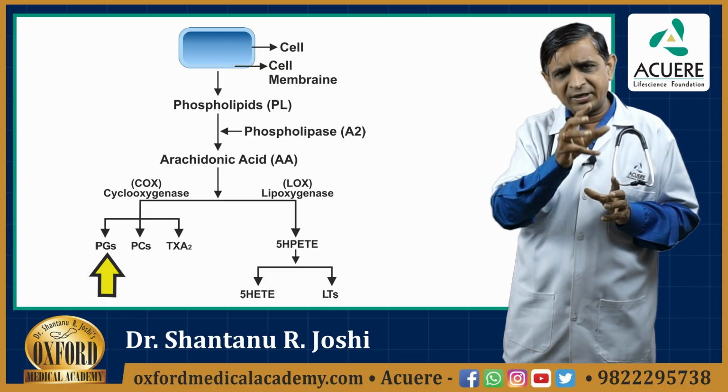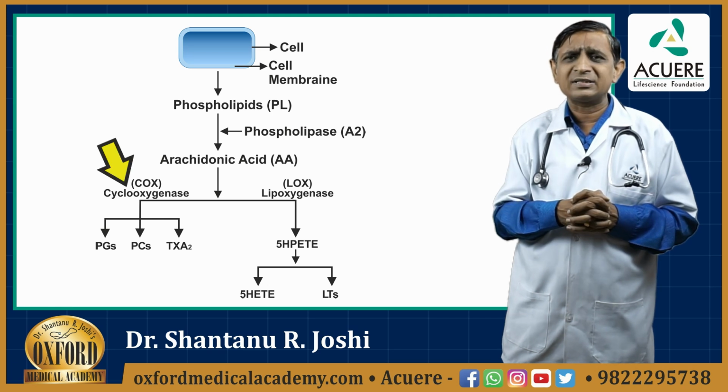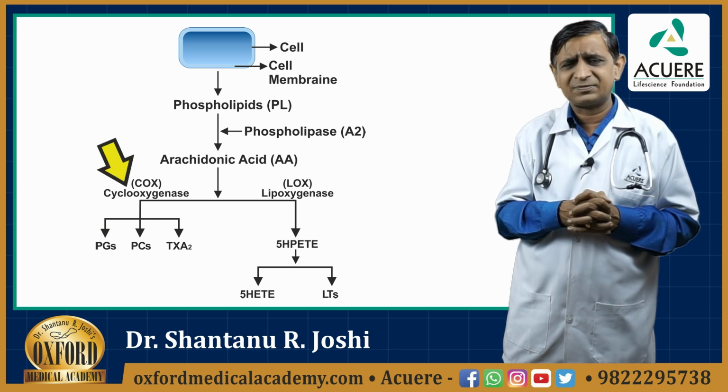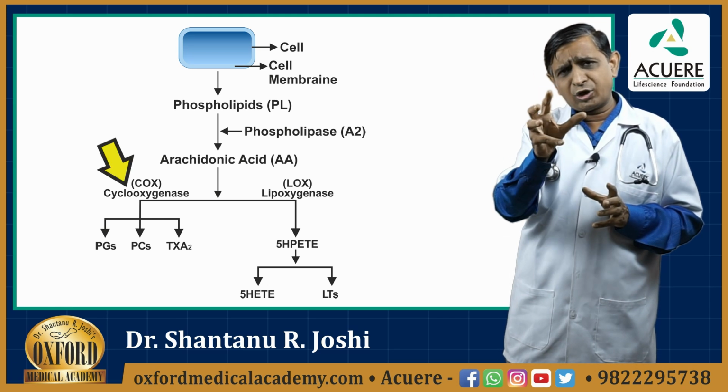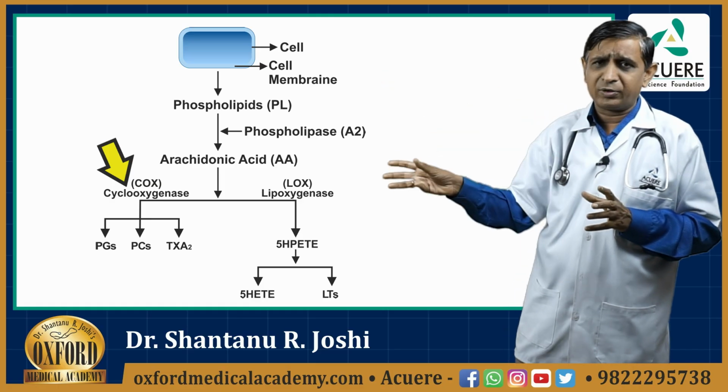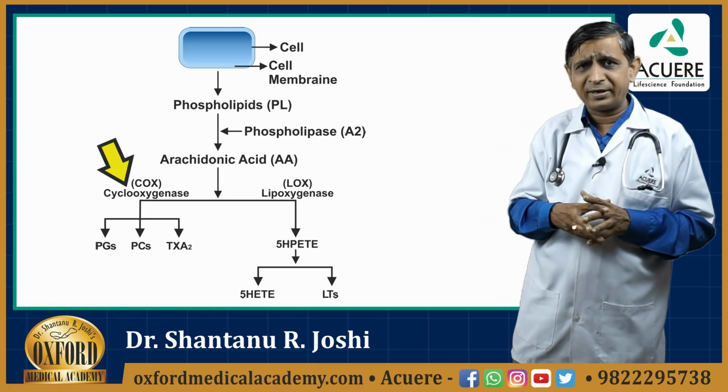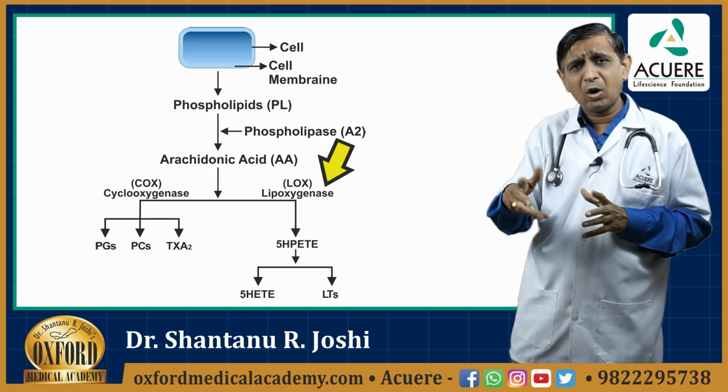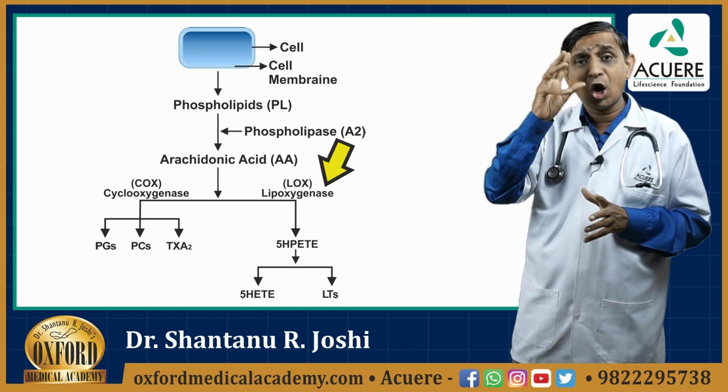This is the important thing which I told you about the cyclooxygenase pathway. The arachidonic acid can also be converted into different metabolites by the lipooxygenase pathway, the LOX pathway.